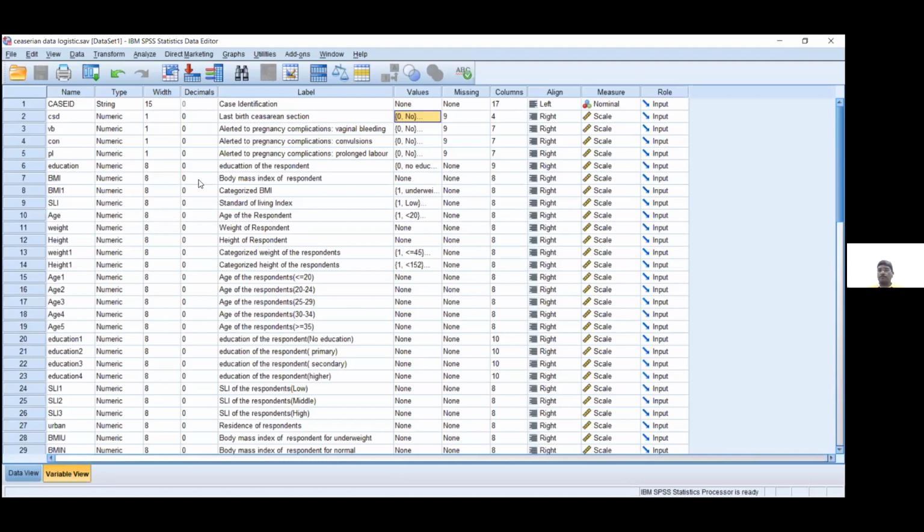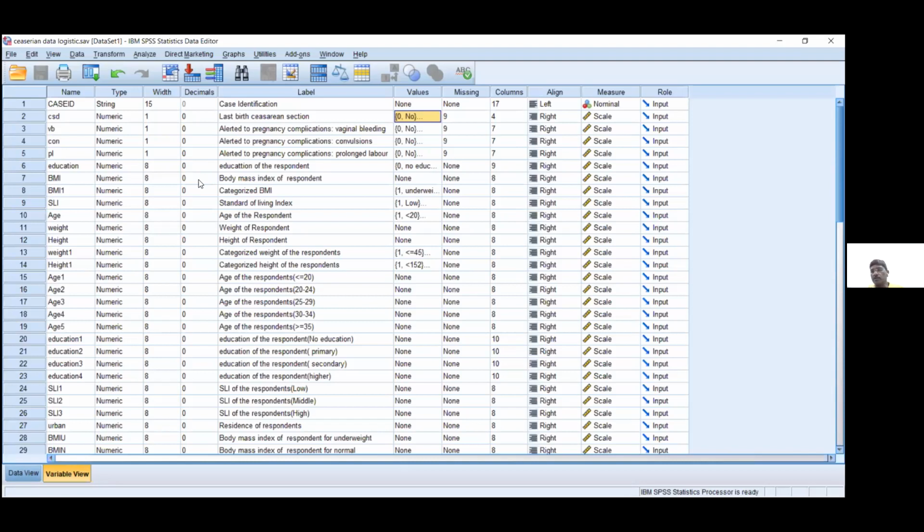The question is, who wants to go for the cesarean delivery, whether it is an emergency or a choice. And finally, I found this is the choice. This is not an emergency. And you also think this is the choice, not an emergency.